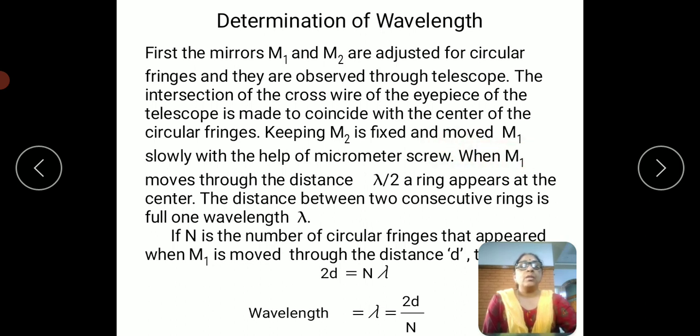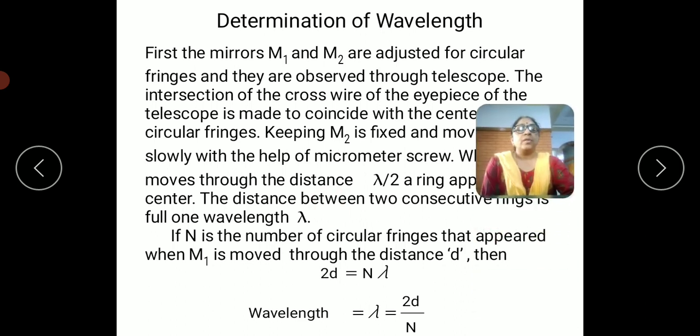When M1 moves through a distance lambda by 2, a ring appears at the center. So the distance between two consecutive rings corresponds to a full wavelength lambda.